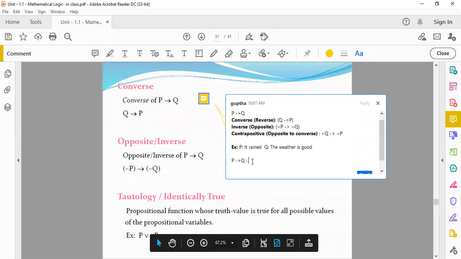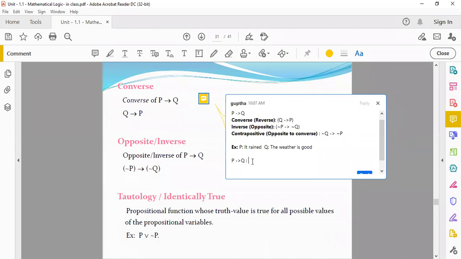Very good answer. First of all, P implies Q. What is P implies Q? If it rains, then the weather is good. Very good answer.